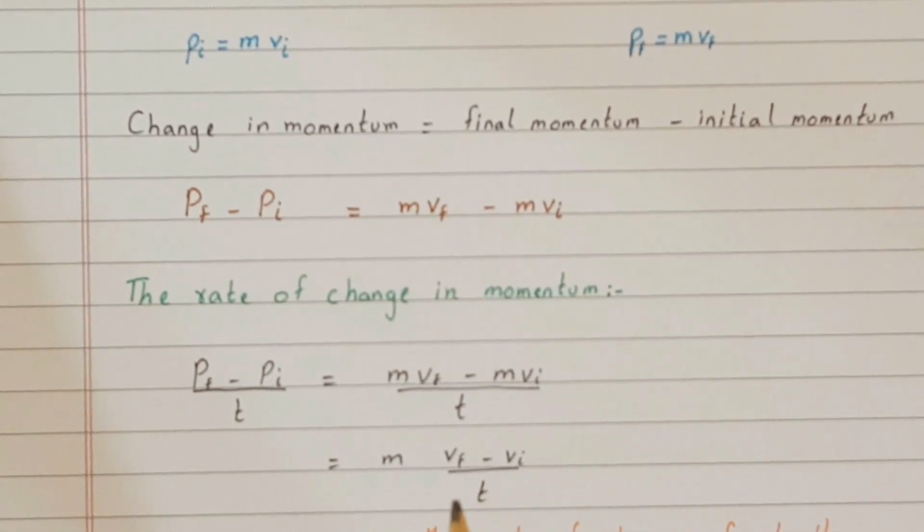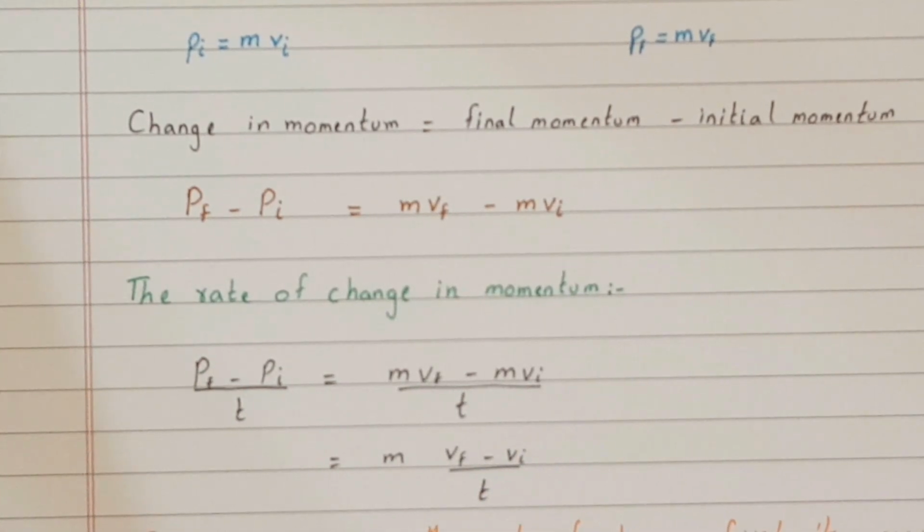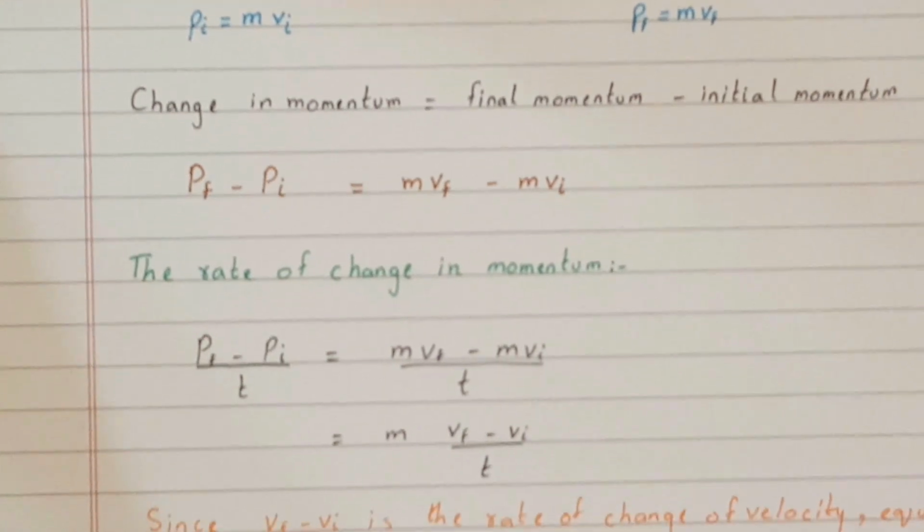Now dear students, can you tell me what this term, vf minus vi over t, equals to? Isn't it the rate of change of velocity? Yes, you are right.